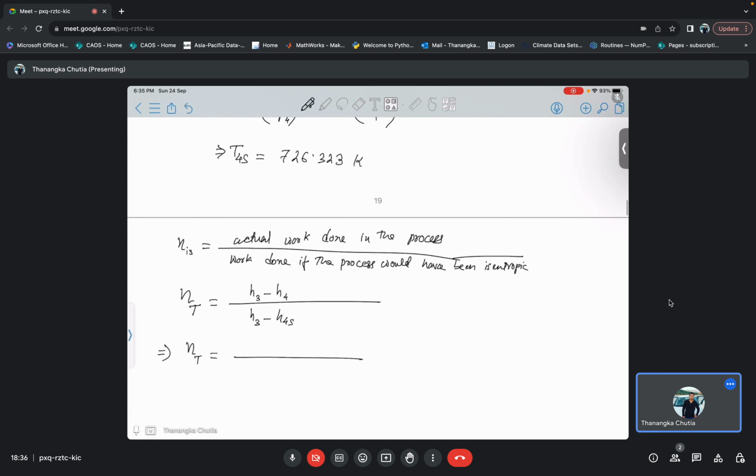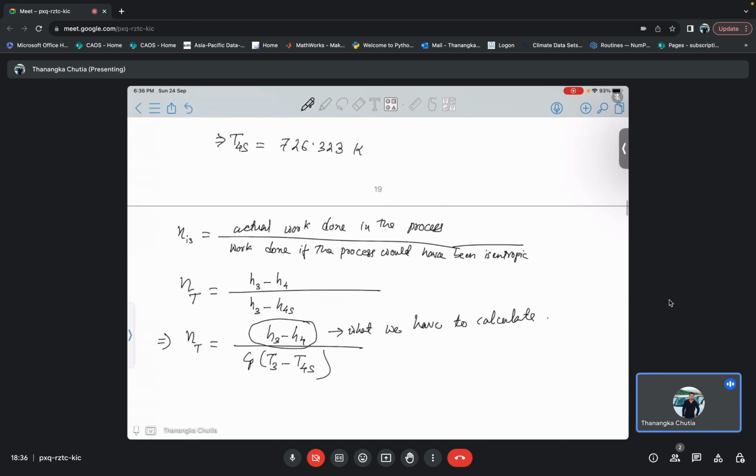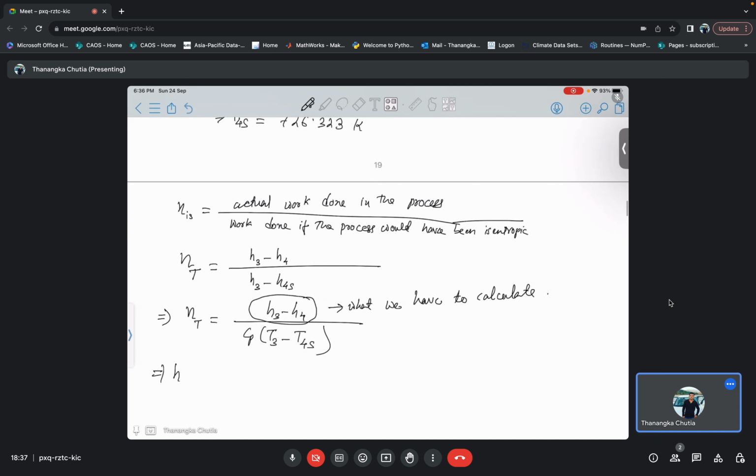This one is what we have to calculate, that is the actual work done by the turbine. And this one I can write as Cp into T3 minus T4s. We have Cp, we have T3, we have T4s. So from here H3 minus H4 is nothing but eta turbine into Cp into T3 minus T4s.